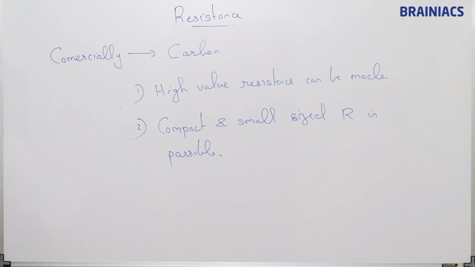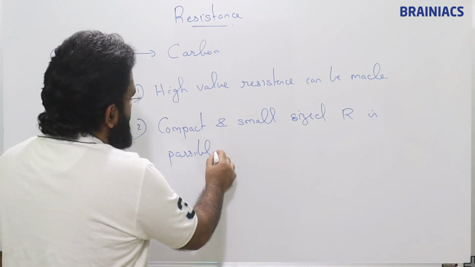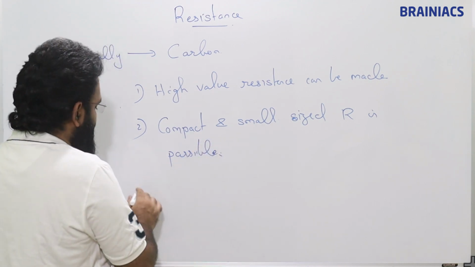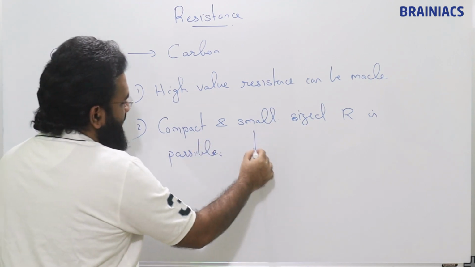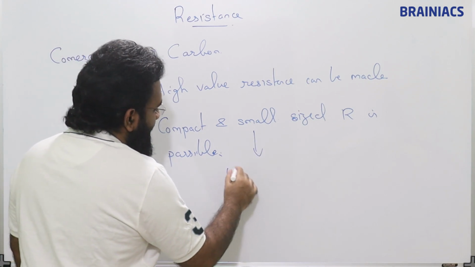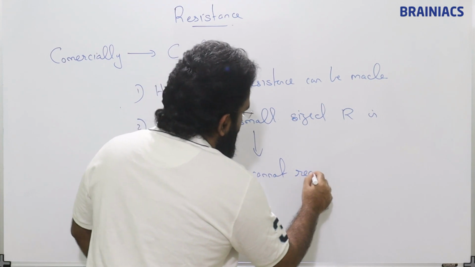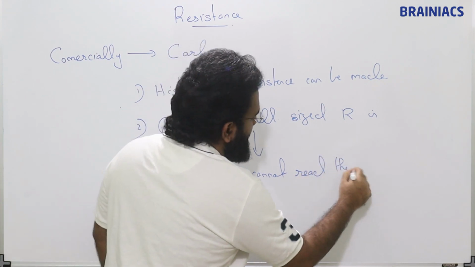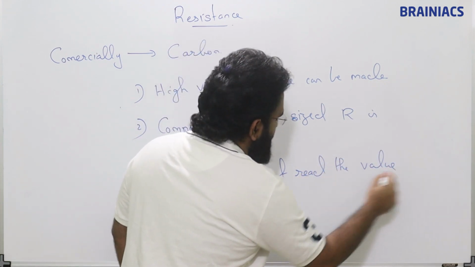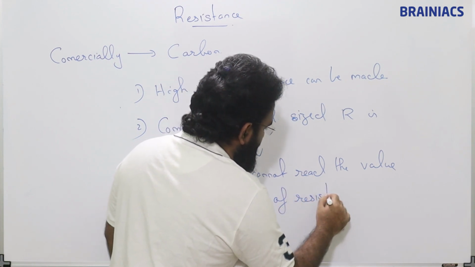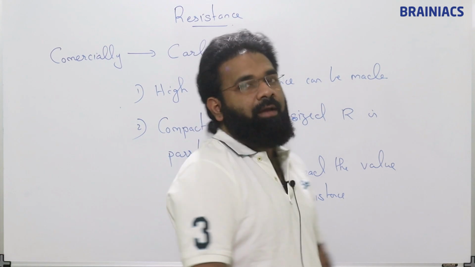Here we can understand one thing: since it is compact and small in size, we cannot read the value of resistance.